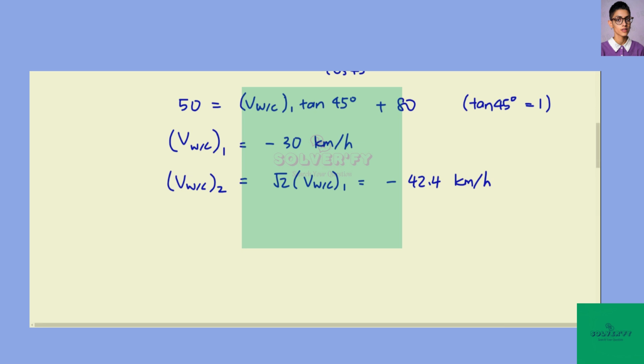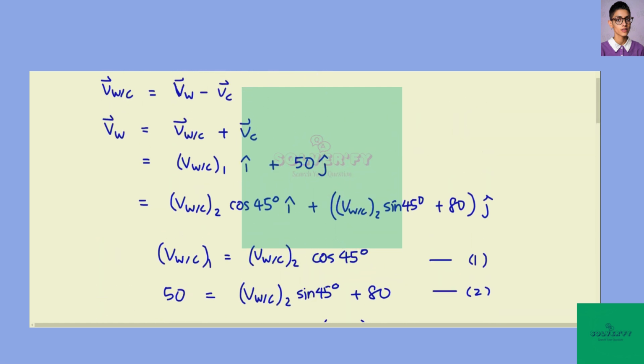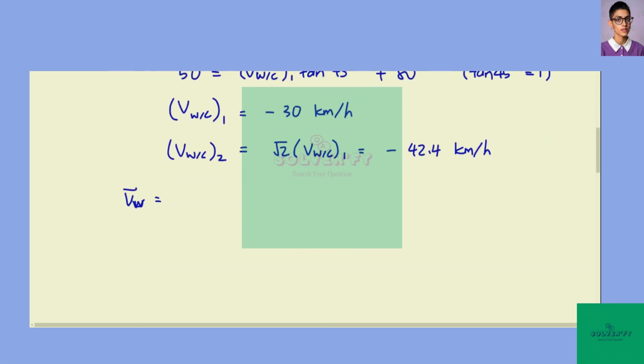So this means that our V_W, if we go back, we will use this equation because we can get the answer immediately. So minus 30 i hat plus 50 j hat kilometers per hour.